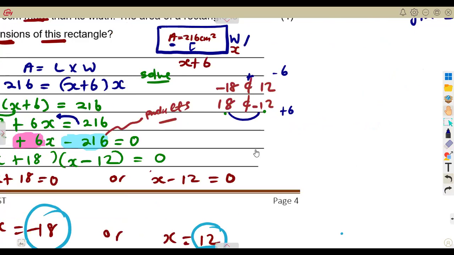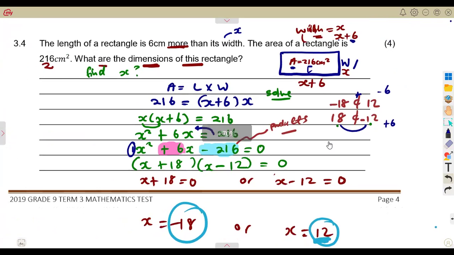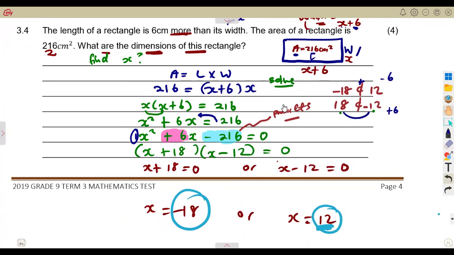Length is positive. Width is positive. As long as you're talking of dimensions, dimensions are taken as positive. You do not use dimensions that are negative in the simplification. You're supposed to work with positive values.